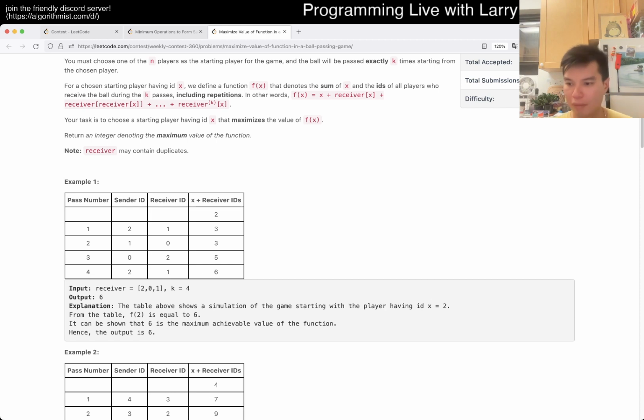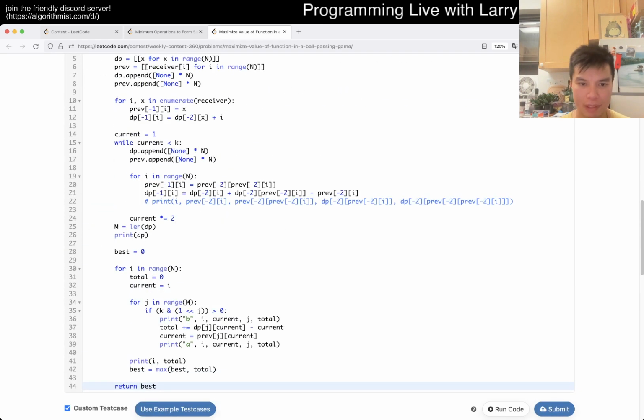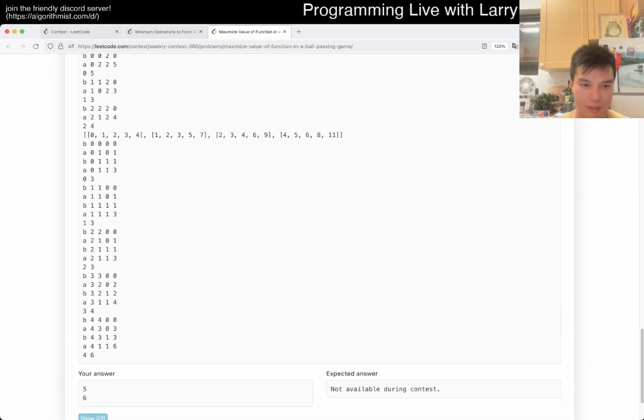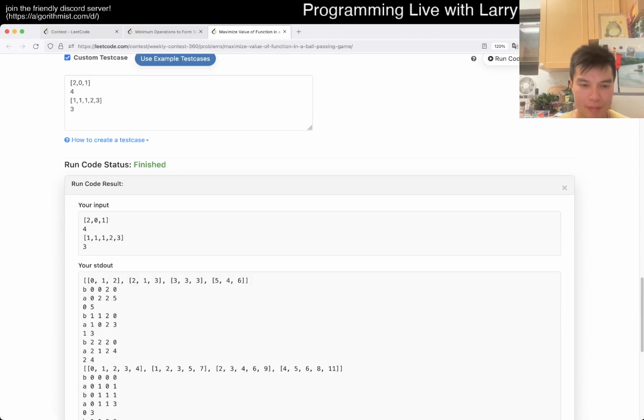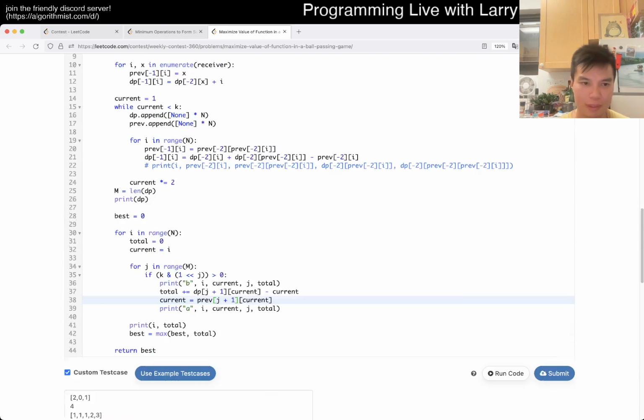So my indexes go 1 0 1 2 4, so we should go for j plus 1 maybe. I mean, okay, so that looks reasonable, just wrong.